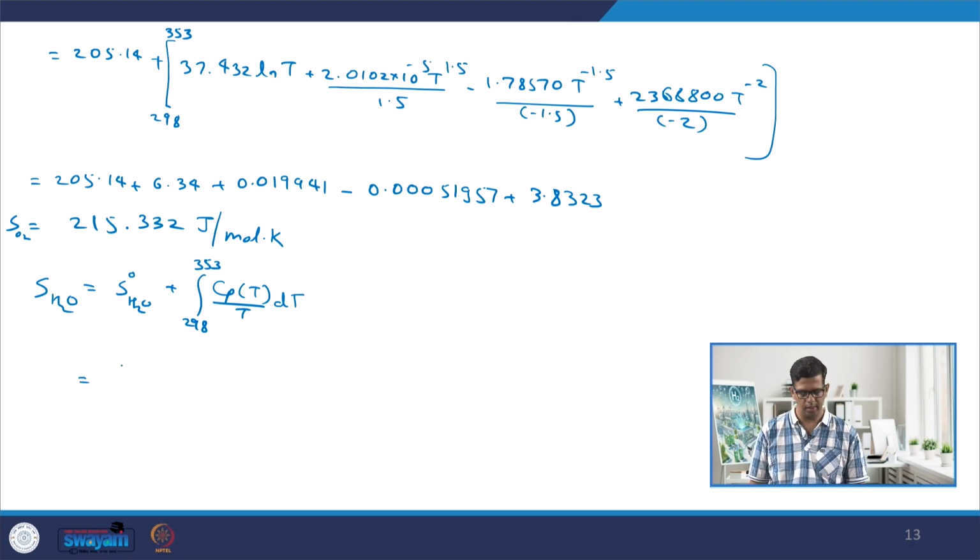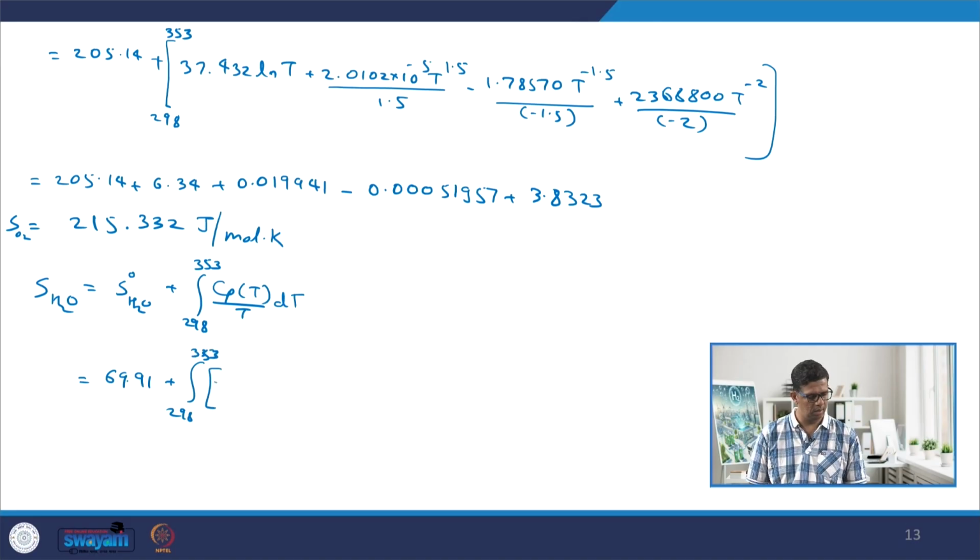Again we have to integrate this, as Cp is a function of the temperature. So let's substitute 69.91 plus integration from 298 to 353.